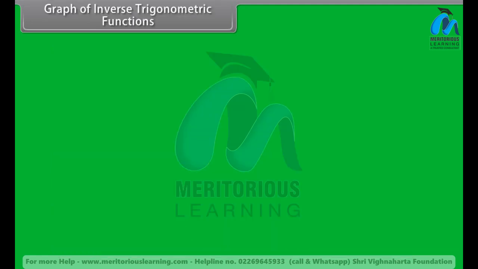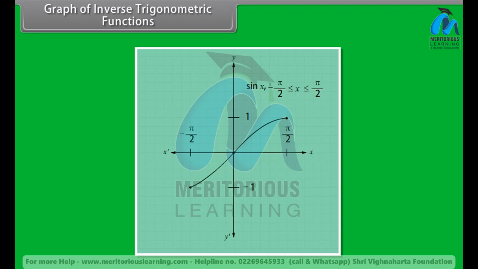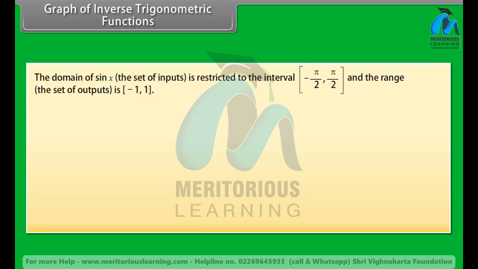Graph of inverse trigonometric functions. In this screen, we will learn about the graphs of the inverse trigonometric functions. Using this figure, the graph of arc sine x or sine inverse x can be easily obtained. The domain of sine x, that is, the set of inputs, is restricted to the interval minus pi by 2, pi by 2, and the range, that is, the set of outputs, is minus 1, 1.